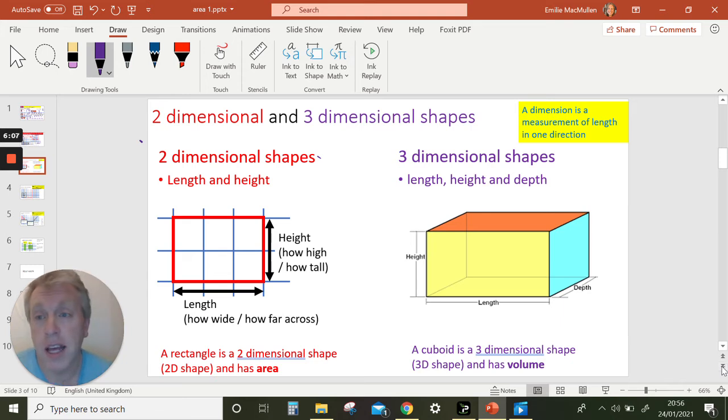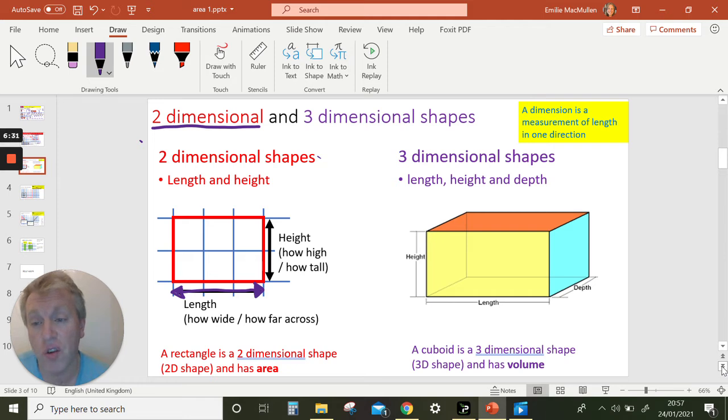Area is what we talk about when we have two-dimensional shapes. A dimension is a measurement of length. Two-dimensional shapes, we can only measure them in 2 different directions. Here we have the length going across, that we'll sometimes also call the width, and then the height.